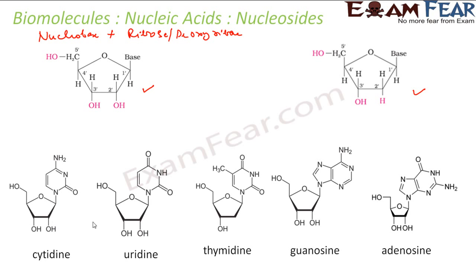So these are examples of the output. This is my base. It can be bound to a ribose or deoxyribose. So you get different kinds of compounds based on which kind of base you used. You see, all these bases are different. So that is my nucleosides.